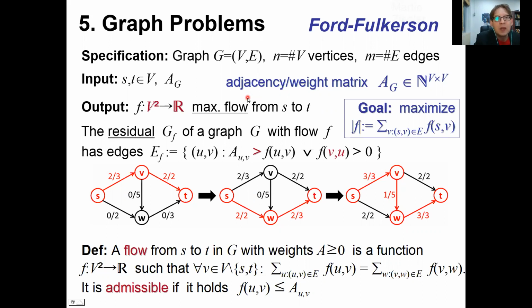Only here it is not one element by one element, but one path by one path. Namely, in the residual graph, the Ford-Fulkerson algorithm will look for a path from source to target, and that path can be used to further increase the flow. Therefore, it's usually called an augmenting path.